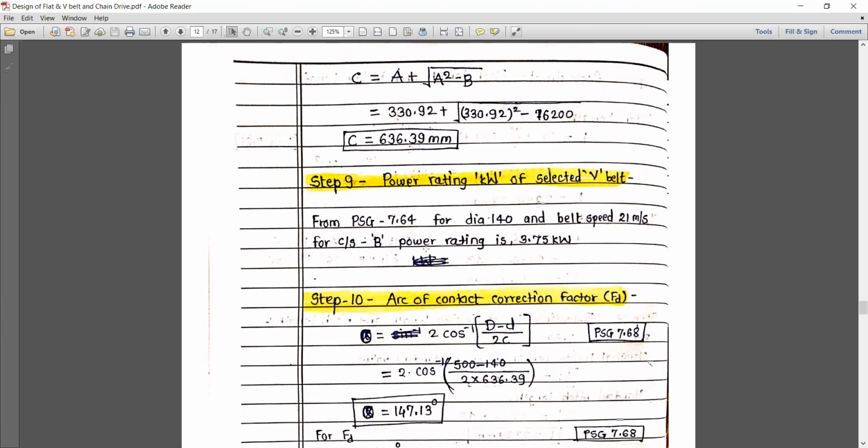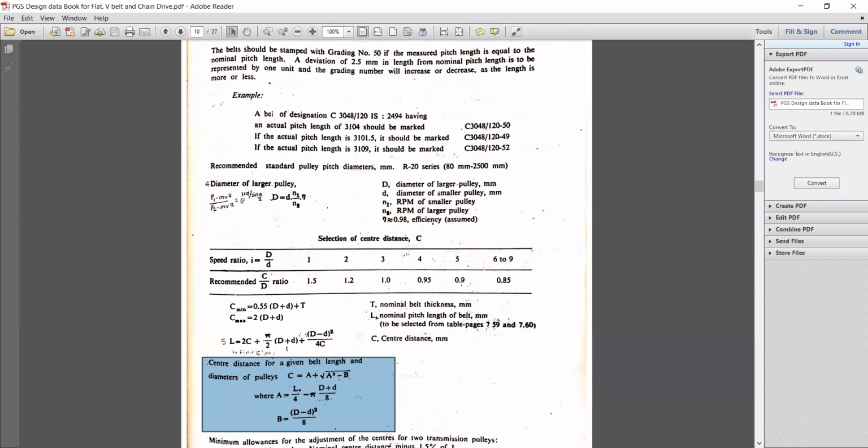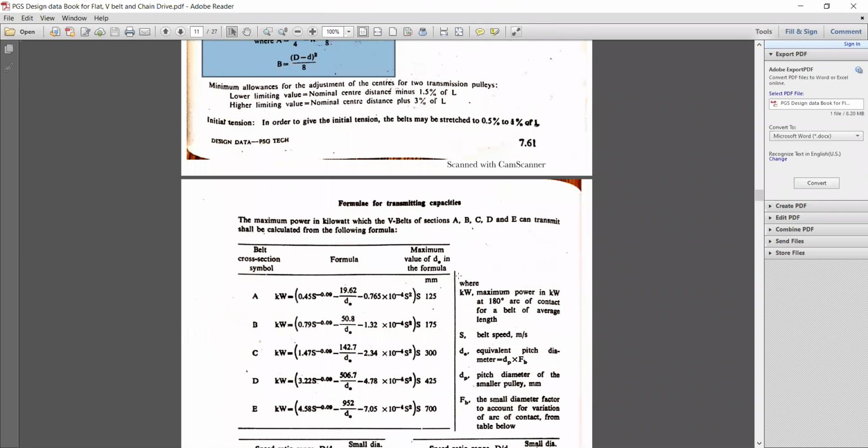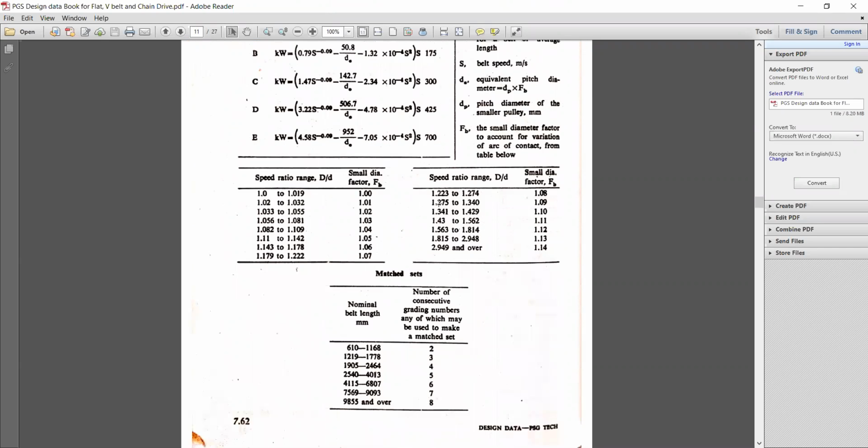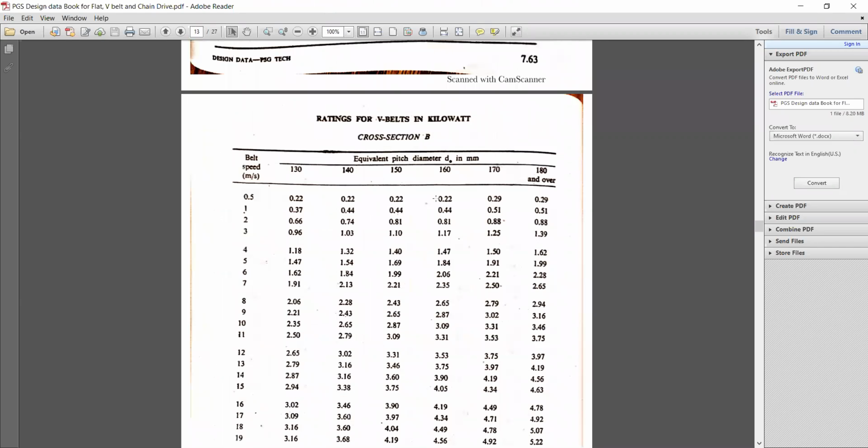Next one, power rating in kilowatt for selecting the V belt from PSG page number 7.64, for a diameter of 140. So selecting the power rating, PSG page number 7.64, for the rating for V belt.